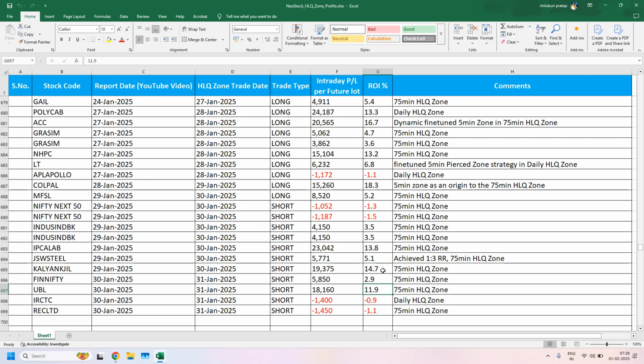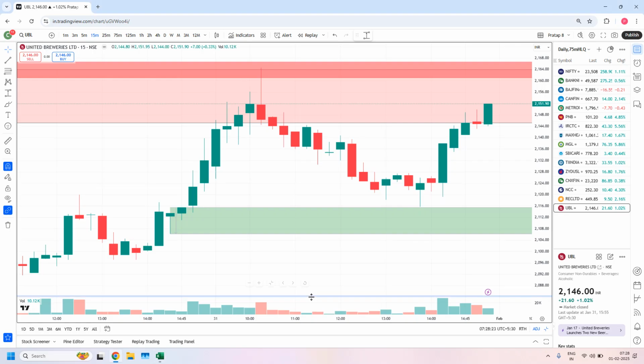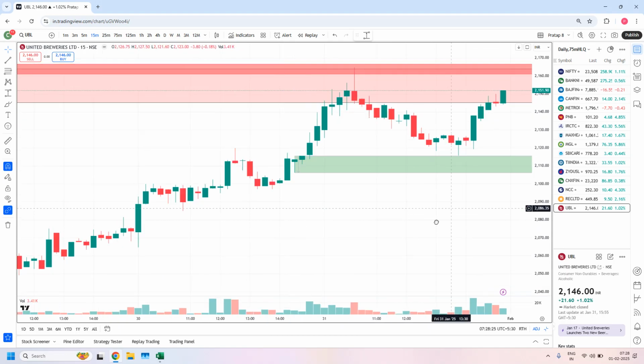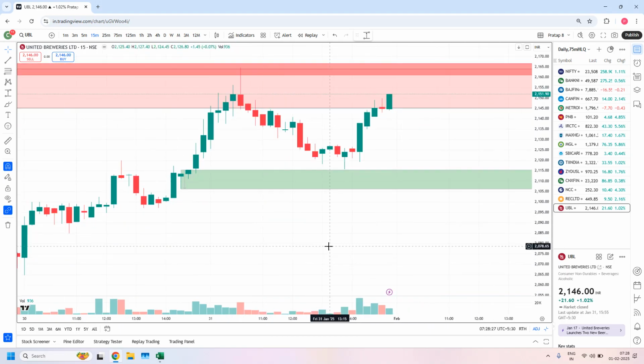Yesterday also we got 14.7 ROI, 13.8 ROI. Again on Wednesday, 28th, 18.3 ROI. Okay, so this is about UBL.